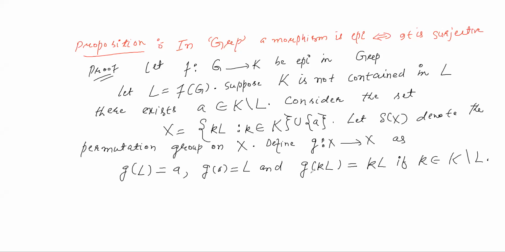So it is clearly a permutation. Clearly g belongs to S_X. So g is a permutation.